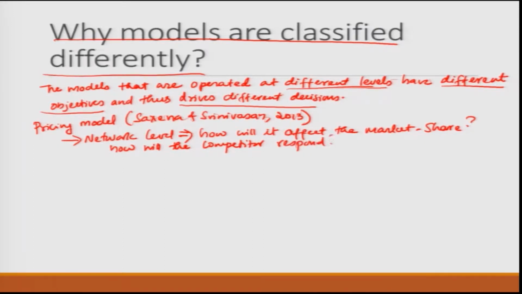So, the pricing decisions that are to be done at the network level are in this case: if we increase the price of the product, is it going to reduce the market share? If we increase or decrease the price of the product, how is the competitor going to behave? So, that is one aspect of it.